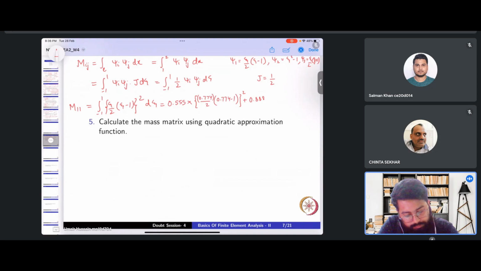So I think this function becomes 0 automatically: 0 by 2 multiplied by 0 minus 1, so the whole thing becomes 0.